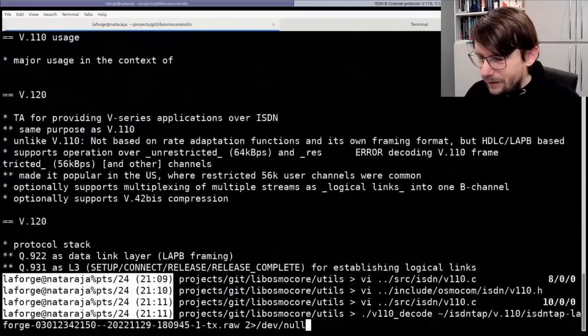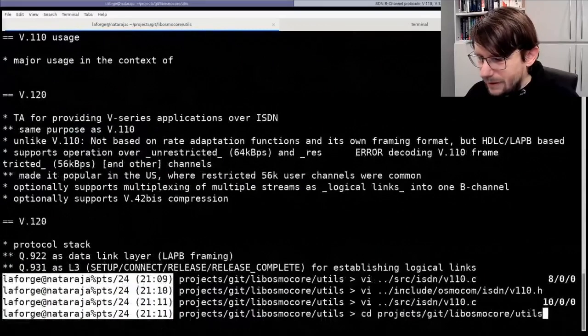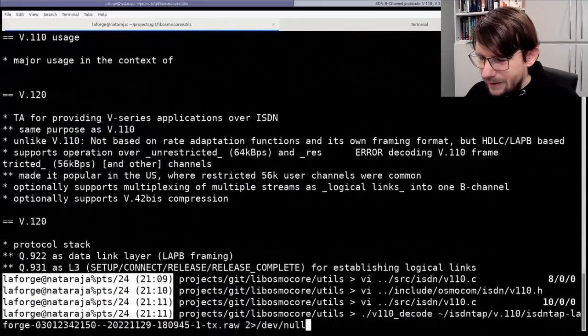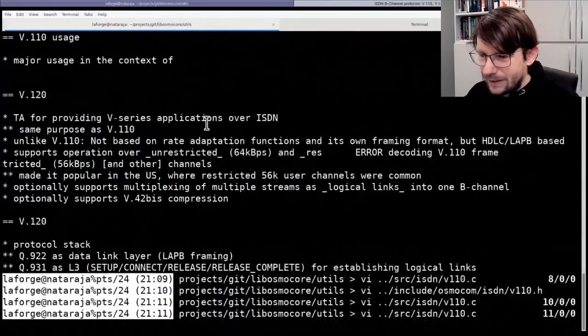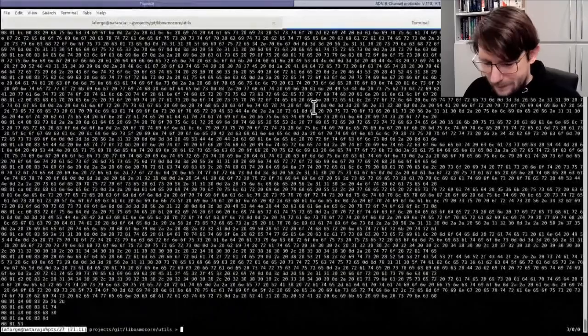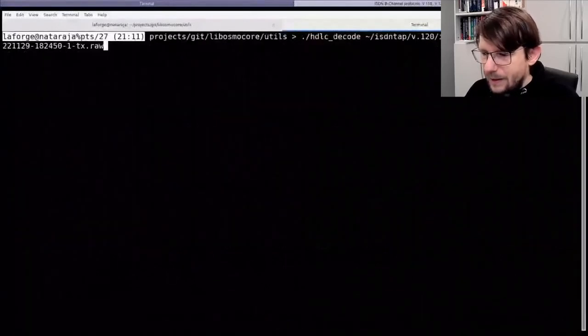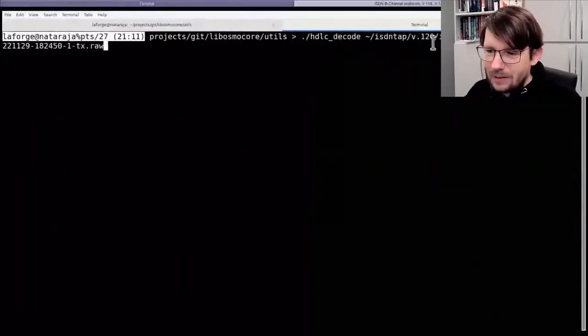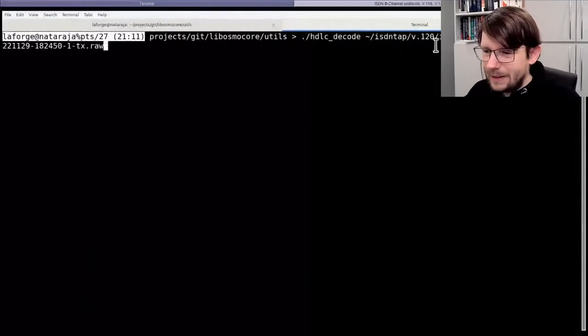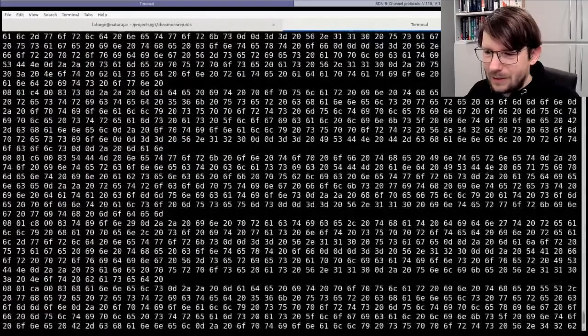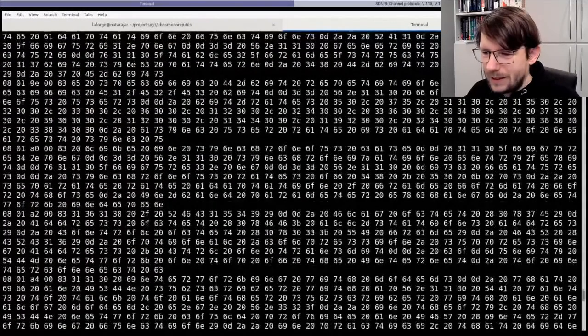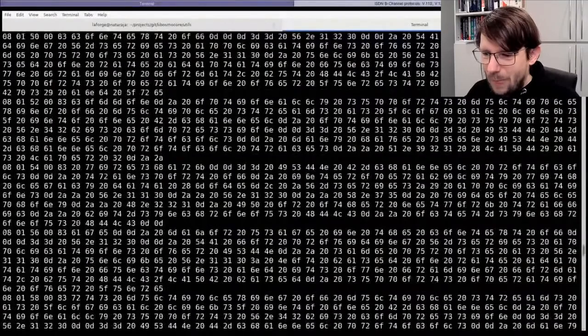And I also have an HDLC decoder. We already had HDLC in libosmo core, so that is not really new. Let me just increase the font size a bit. Yeah, so I'm using a V.120 recording here, for example, and decode that through the HDLC decoder, and we get hex dumps of the HDLC frames in there.